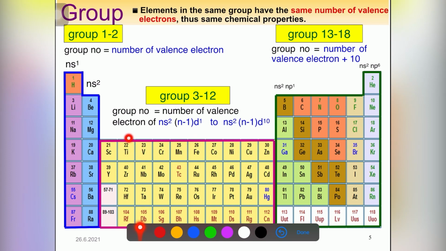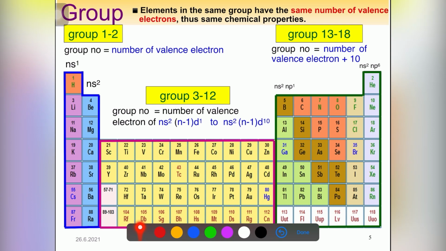So titanium is in group 4. Let's see the last example, zinc. Zinc is located in period 4, highest n is 4, and 4s2 3d10. The total valence electron is 10 plus 2, 12. So zinc is located in group 12.